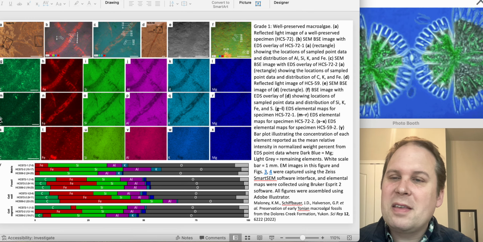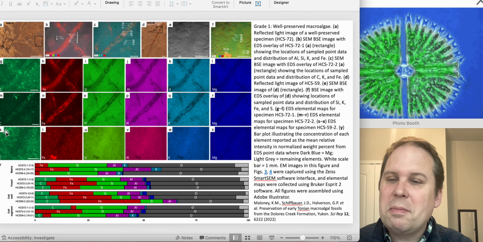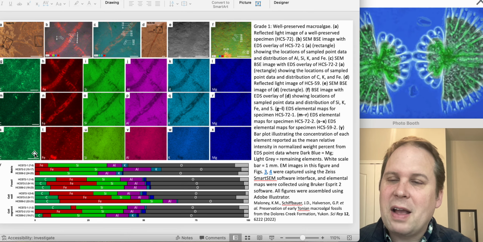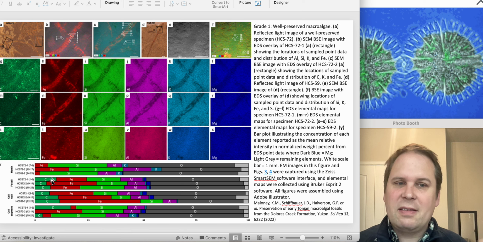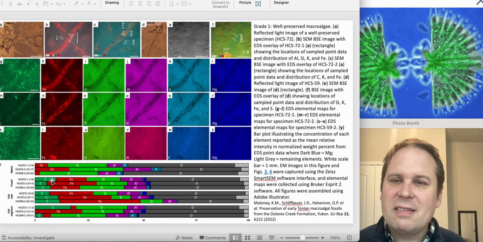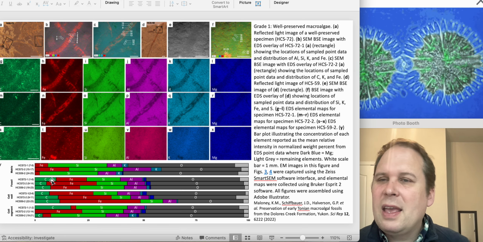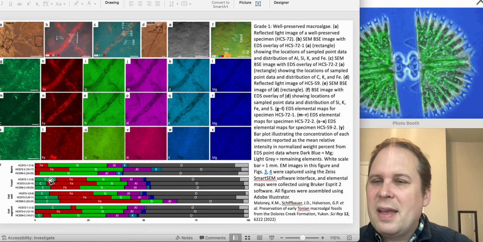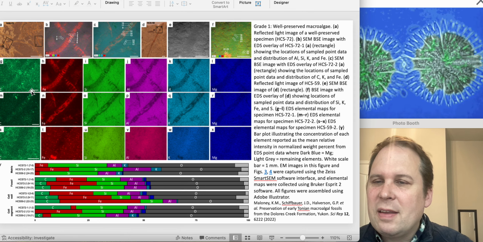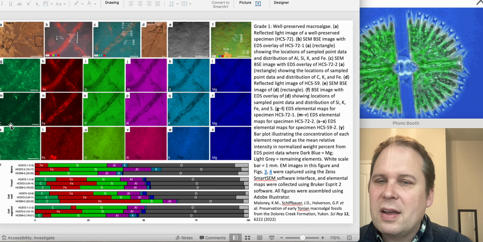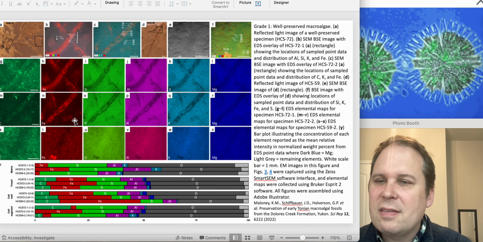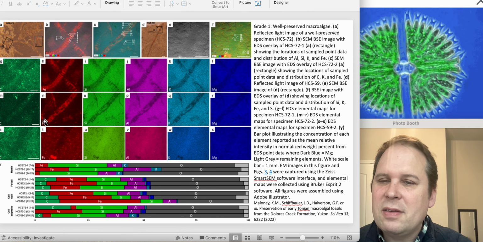Shown over here, this is a map of the carbon, which you can see some little blobs of carbon around it. These may have come from bacteria or other little organic bits that were in the same environment. You can definitely see a little trace here of carbon running up through it in this middle fossil and in the top fossil.